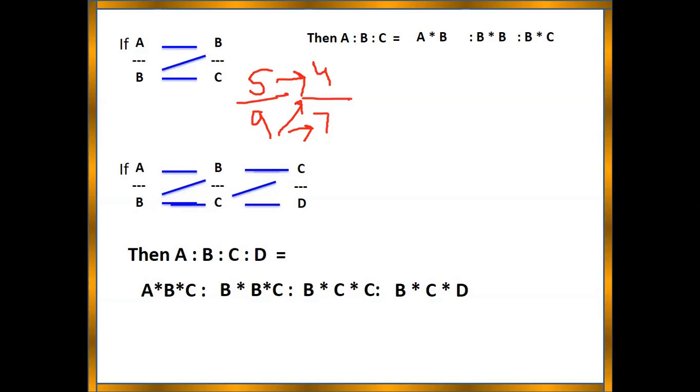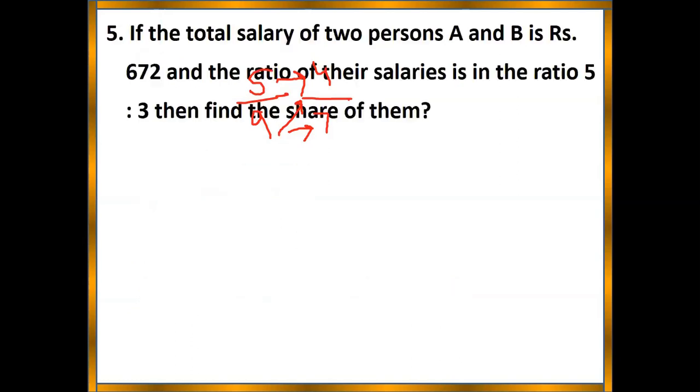Okay. Next one, these are the basics. And for example, if they give the total salary or the total income or sum of two numbers and the ratio between them is 5 is to 3, is it possible to divide?